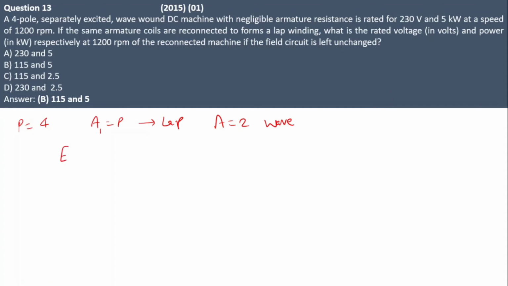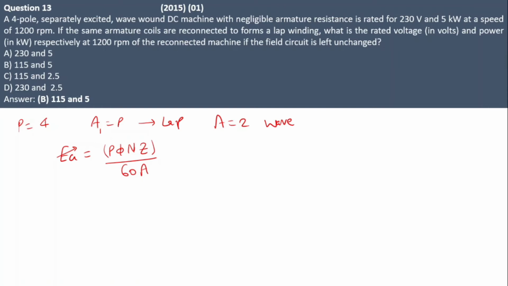You can see EA equal to P phi Z divided by 60A. Because we will depend on the EA, first find out the relationship for EA.